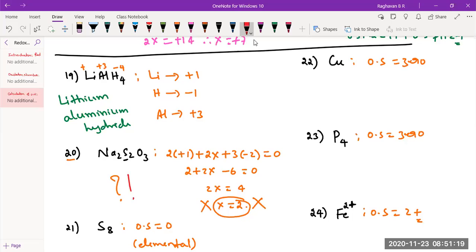Sir, Na is peroxide means the oxidation number will change, no sir? Because this is called sodium thiosulfate. The compound is sodium thiosulfate. Sir, is S2O3 a radical?